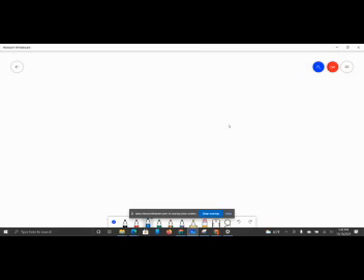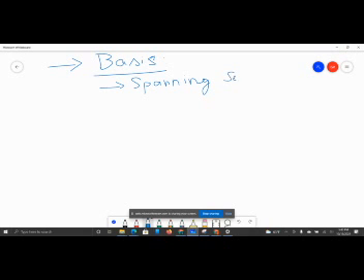Okay, so now that we've discovered spanning sets and linear independence, we can come to what's called a basis. A basis basically is a spanning set for a particular vector space, which is also linearly independent.